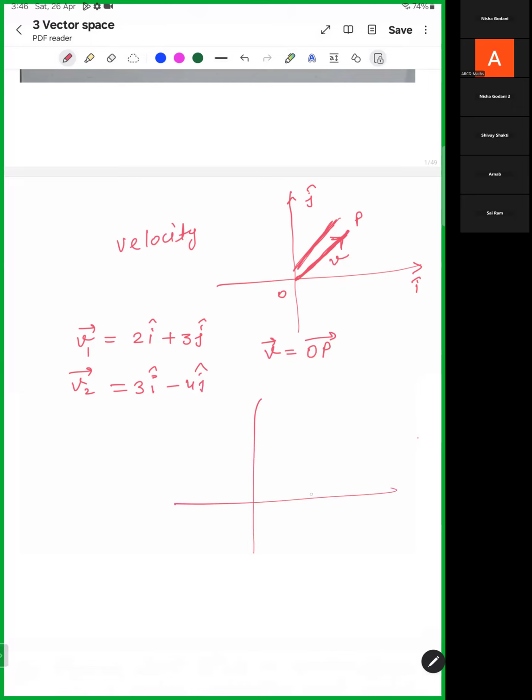If you have vectors like this, then you can find the addition and subtraction of these vectors also. If I have this vector v1 and v2, I can add these vectors.